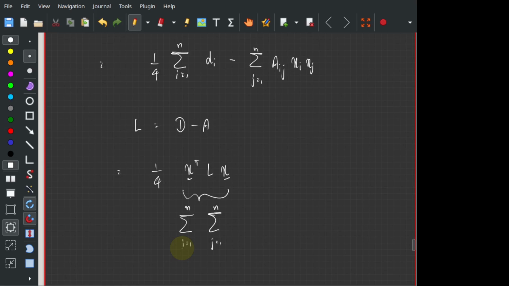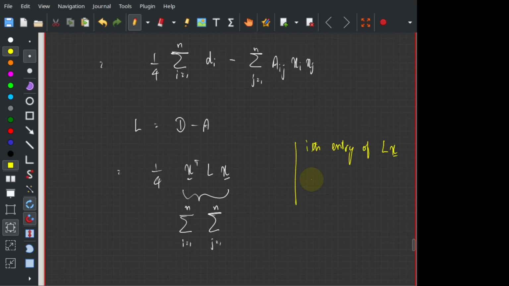So if you look at the ith entry of L times x, what will that be equal to? L times x is a vector of length n, and it's basically the ith row of L multiplied with x.